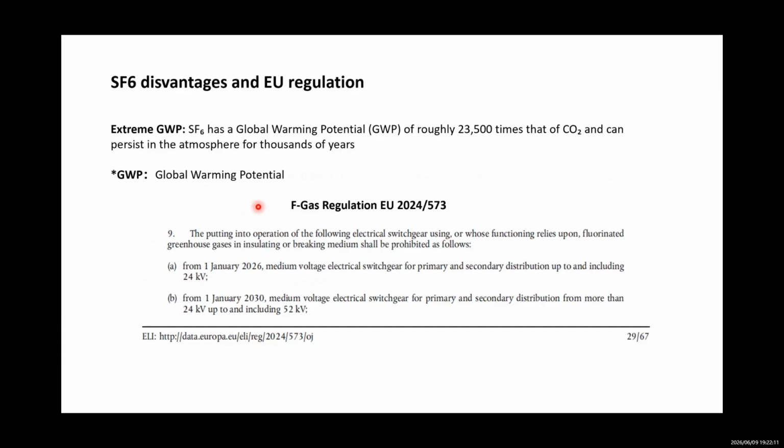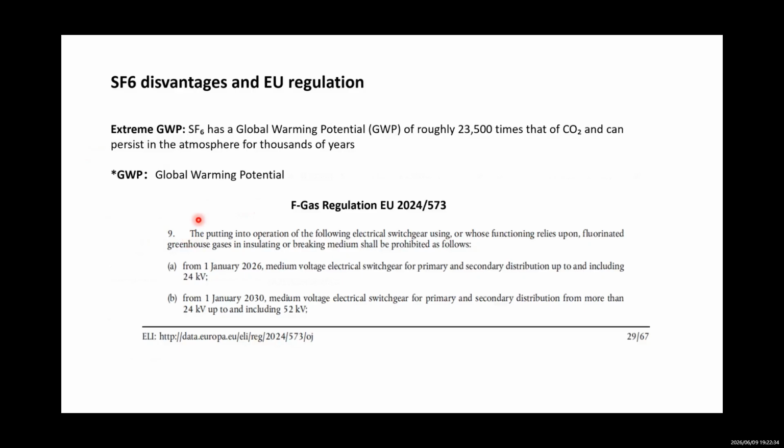Then in EU regulation 2024/573, there are some restrictions regarding the use of SF6. You can see the figures here.